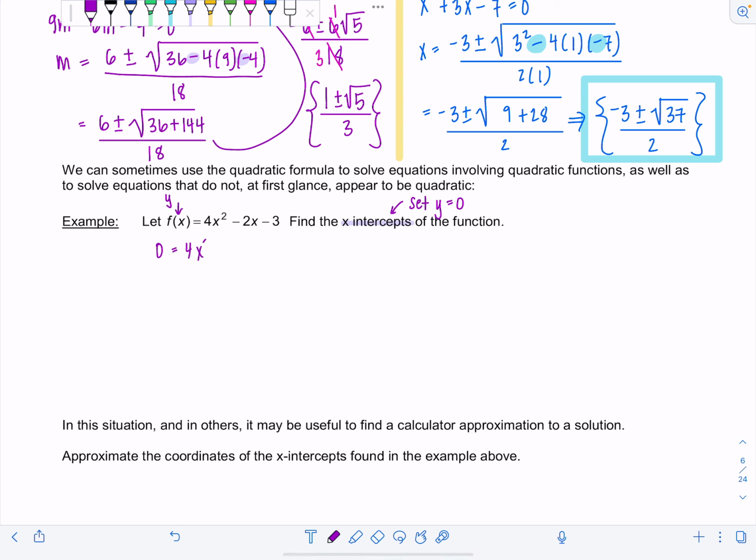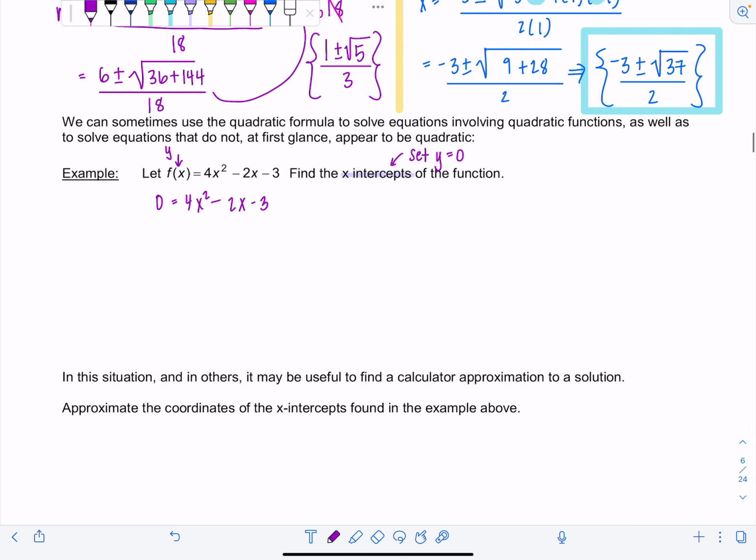So in order to find the x-intercepts, now I do actually have to solve this quadratic equation, 4x squared minus 2x minus 3 equals 0. And again, if it factored, I would say factor, but this one doesn't. So it's time to use the quadratic formula.